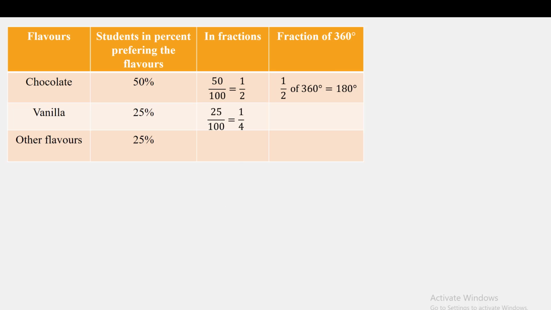Vanilla, 25 by 100 equals 1 by 4. 1 by 4 of 360 degrees equals 90 degrees. Other flavors, 25 by 100 equals 1 by 4. 1 by 4 of 360 degrees equals 90 degrees.